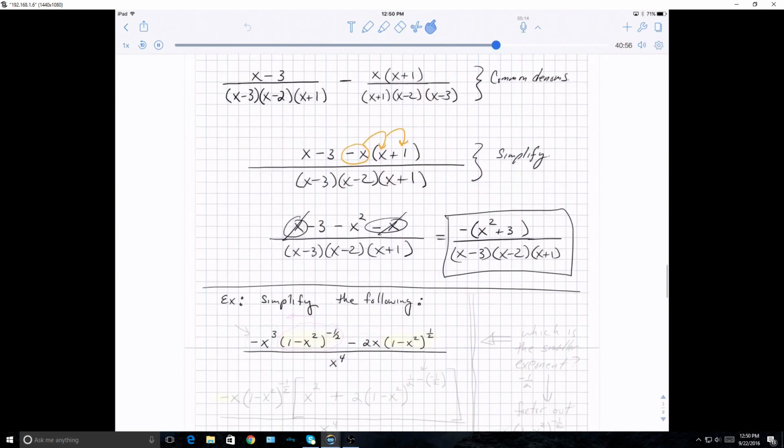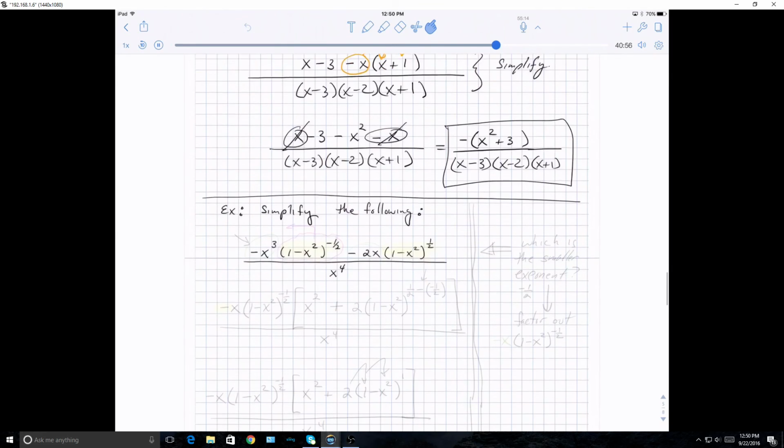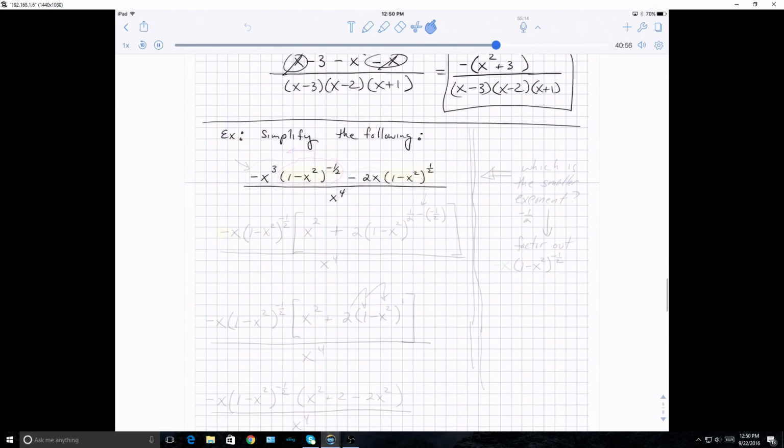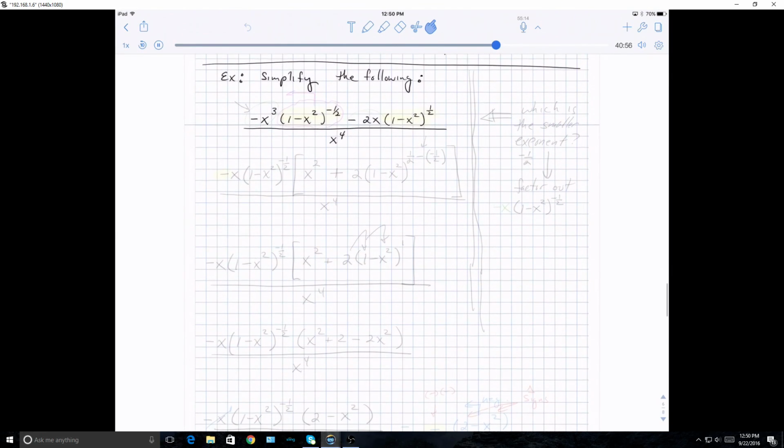Alright, now let's start moving into some more complicated problems. And they're not really much more complicated, except that in this case, we just have to do a little bit of trickery. What we have to notice in both of these terms in the numerator is that we have a 1 minus x squared to some power.